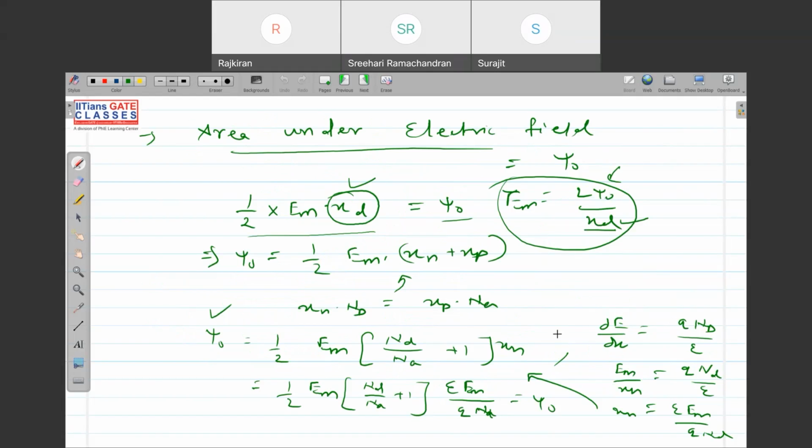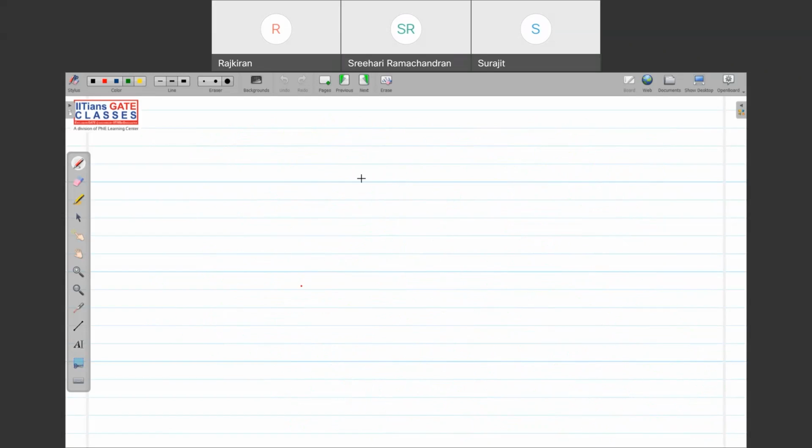Okay. So I'm thinking that the area under the electric field curve gives the potential. But the thing is, it depends again upon the doping, right? Suppose I have a device one, with a depletion region like this.